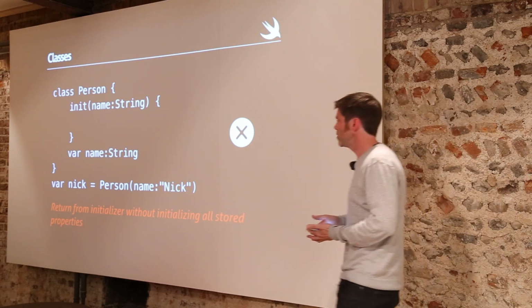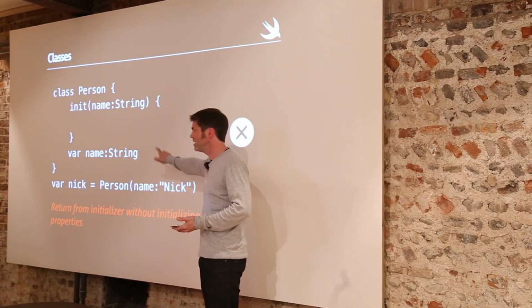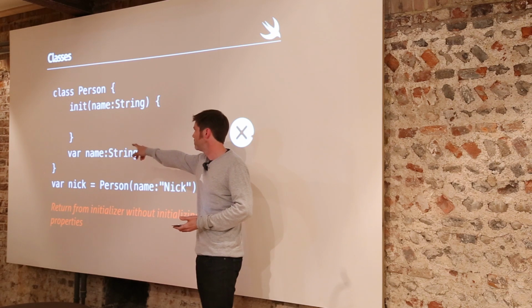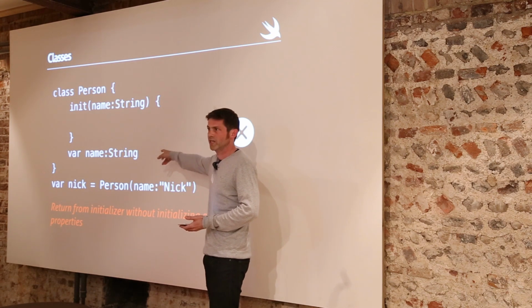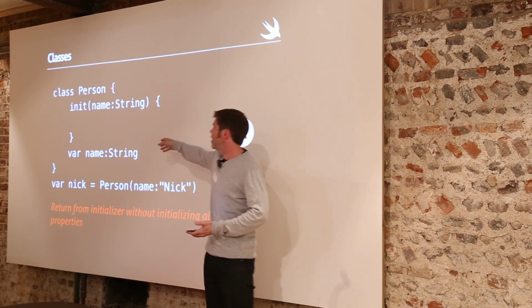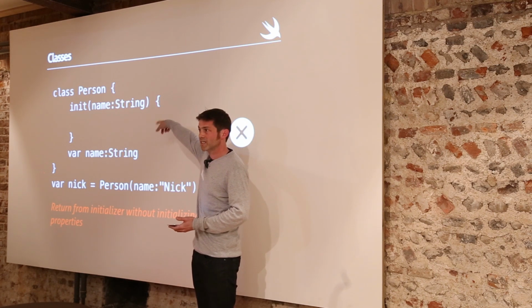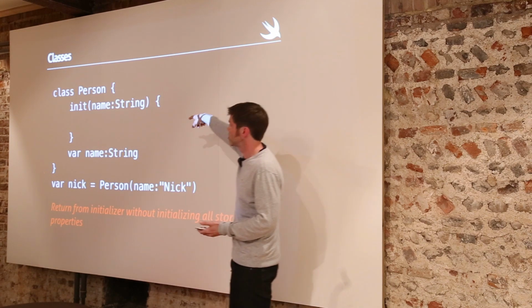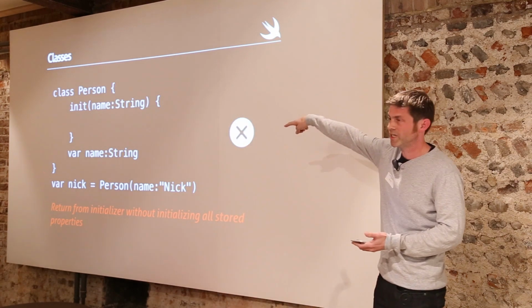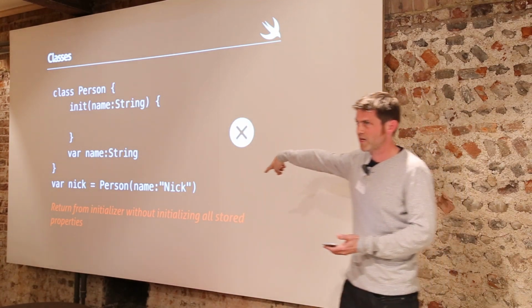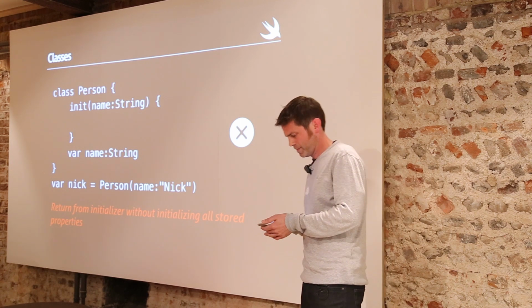And we either have to give it a value at this point, so we can have an inline var name string equals Nick, or we've got until the end of our designated initializer here in which to set a value to that property. Otherwise, we get this error here.